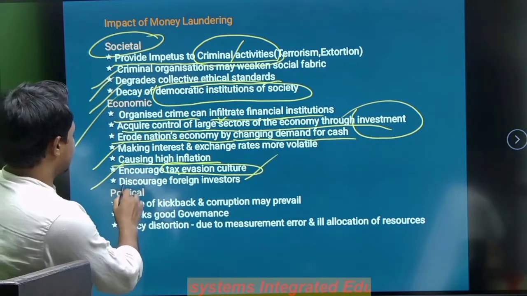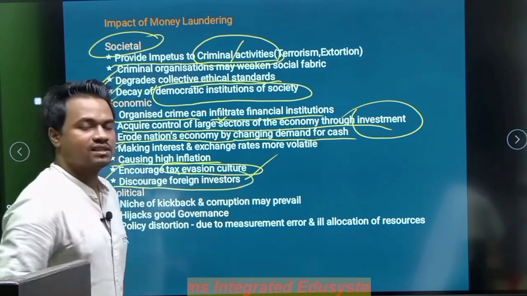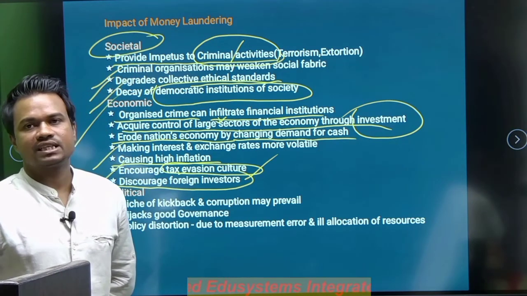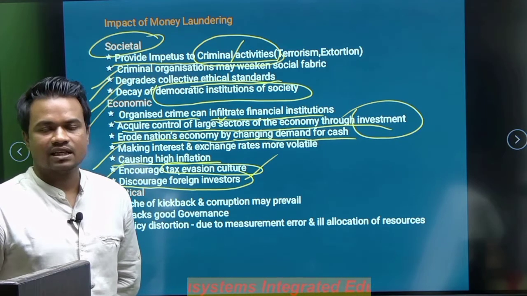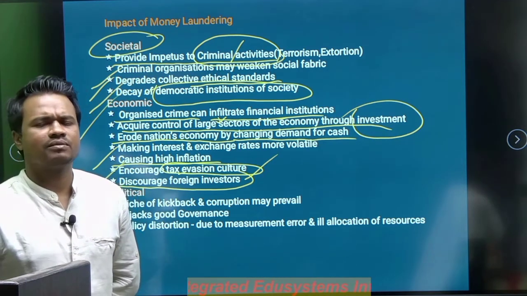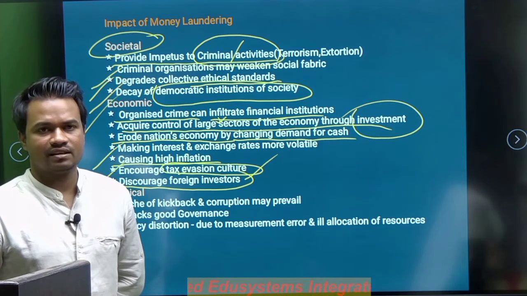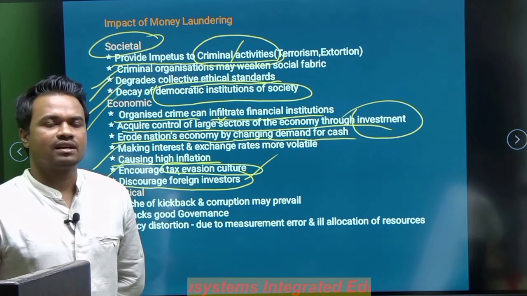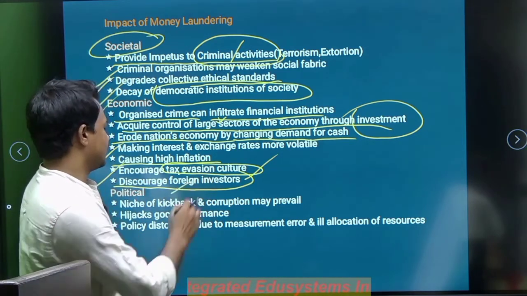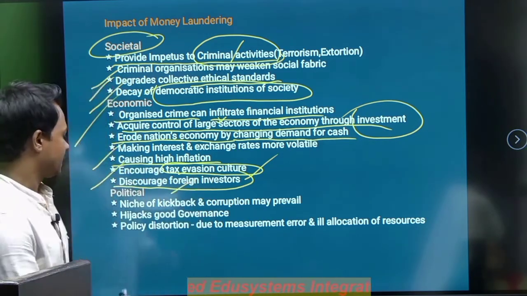And ultimately it discourages foreign investors. This may be the final issue, because if the economy of that particular country is very volatile, then obviously no foreign investors or foreign companies will wish to come into that country. So again that will affect FDI.